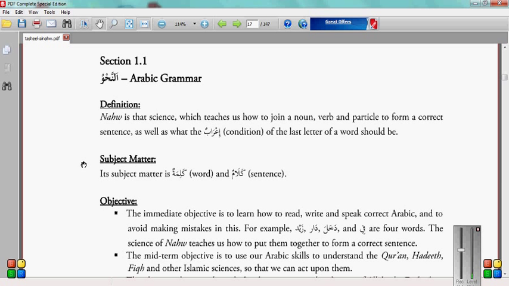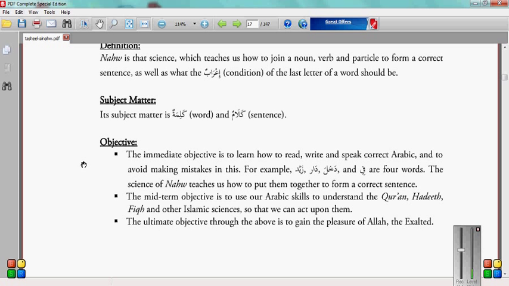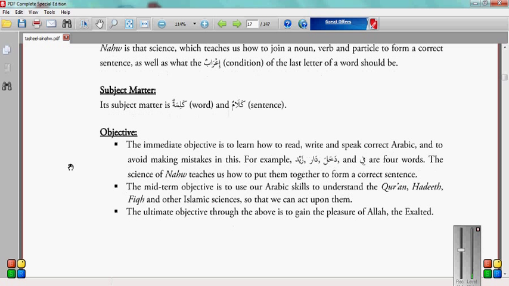the sentence. And the subject matter of what we're studying is kalima, the word, and kalam, the sentence or a group of words. And our objective immediately is so that we can read, write, and speak Arabic correctly.